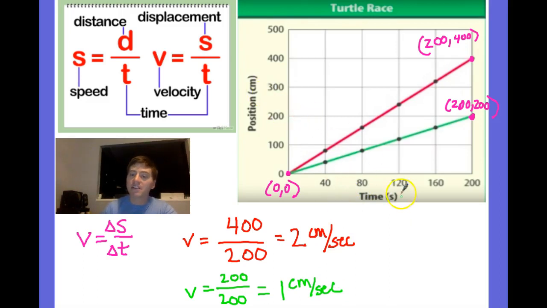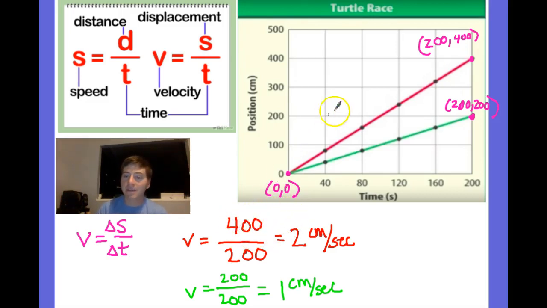So we have a position versus time graph, but we also have the information that tells us the speed, the velocity in this case, because we have position, we have a displacement and not a distance. Now the great thing about working with units, and something that I'm going to continue to bring up since we were doing conversions, is that the units actually tell you if you're right.